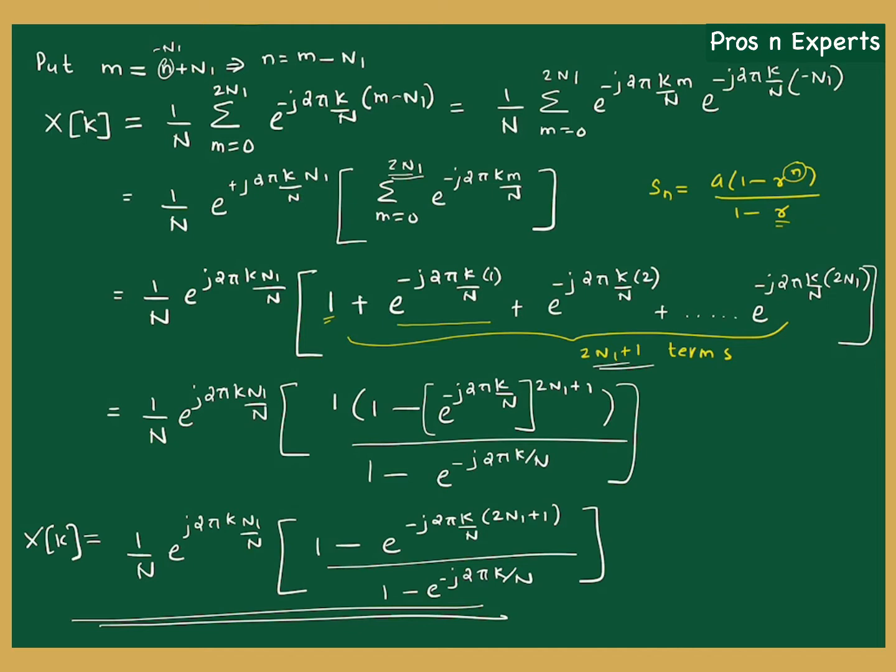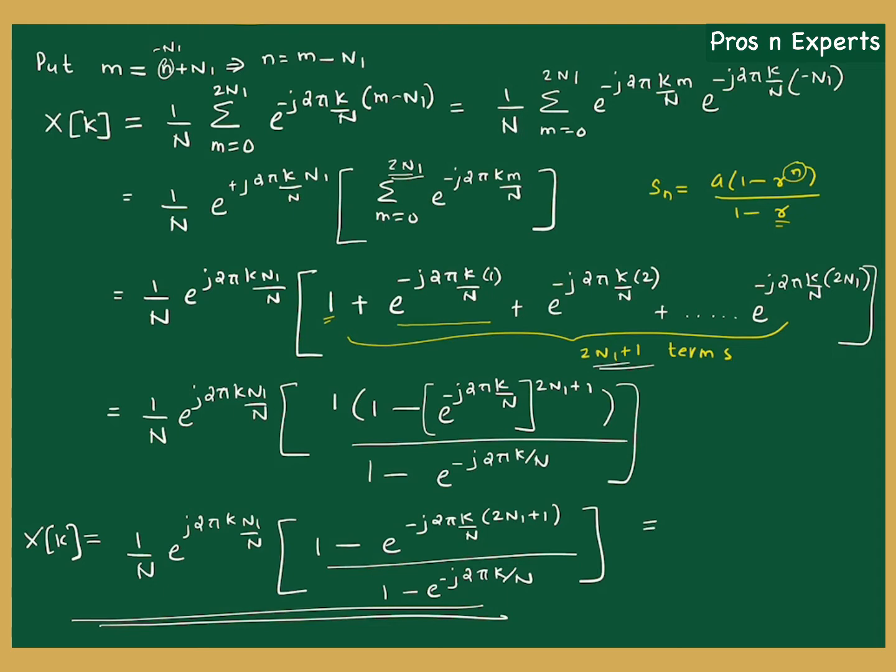If you want, you can still simplify this by taking, we have done a problem like that in the previous video. So we can take e raised to half of this exponent outside, here also half of this exponent outside, so that the entire term becomes sinusoidal, right? Here it becomes a sinusoidal, here also a sinusoidal.